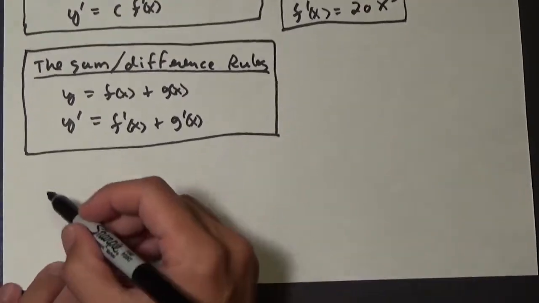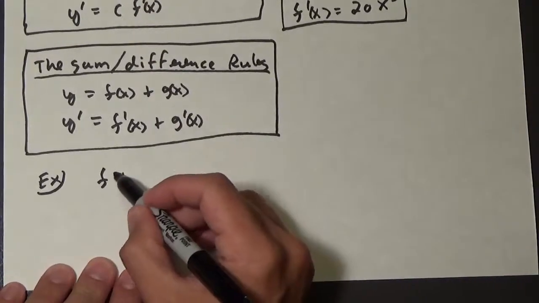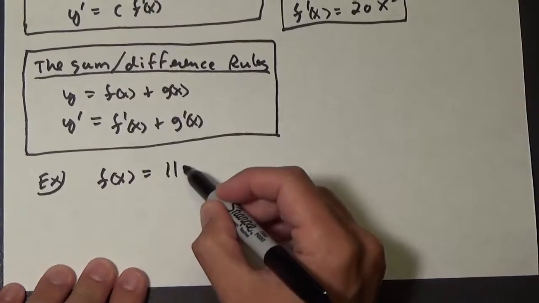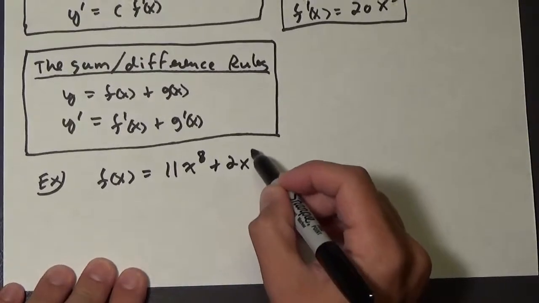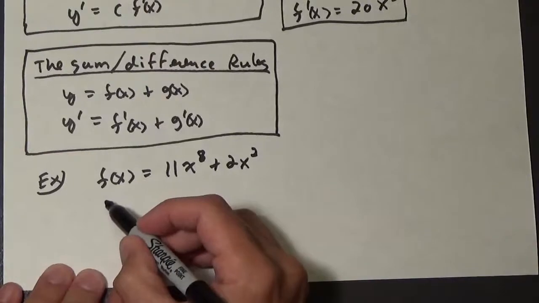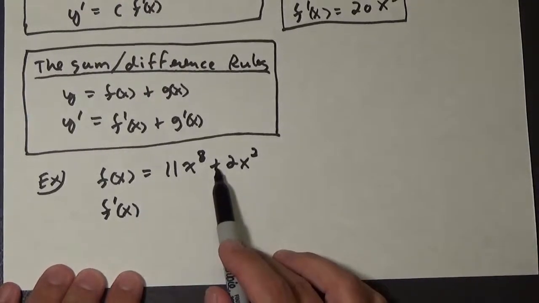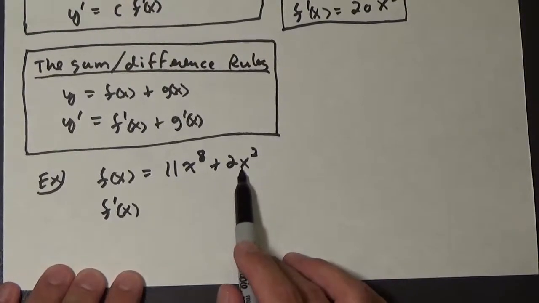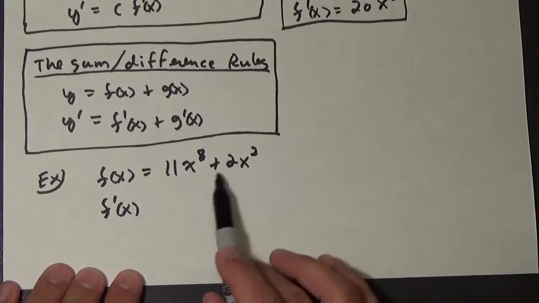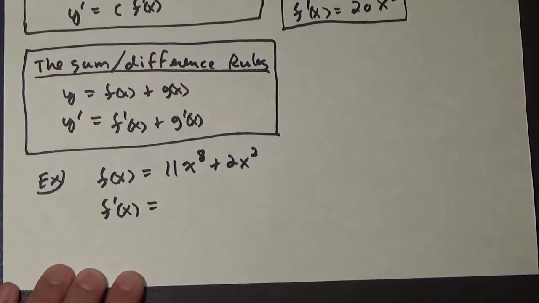So let's look at a couple of examples. Let's say we have f of x equals 11x to the 8th power plus 2x squared. And we want to take the derivative of that. Well, because we have a sum of 2 functions, 11x to the 8th and 2x squared, we can take the derivative of each one and then keep them added together.